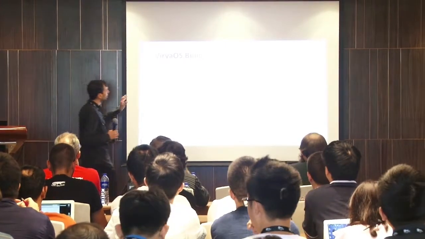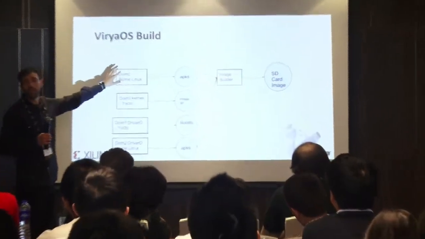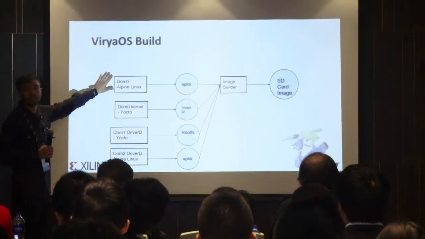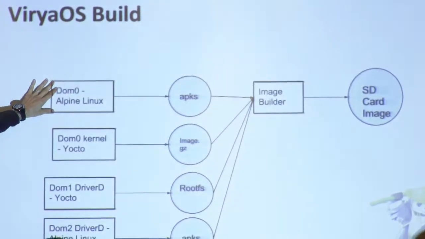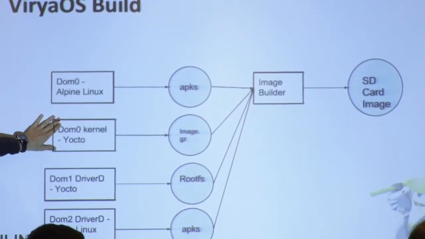So in this picture, all the white squares run as containers. We have in this example a dom0 rootfs based on Alpine Linux running in a container, and a dom0 kernel built based on Yocto in another container.